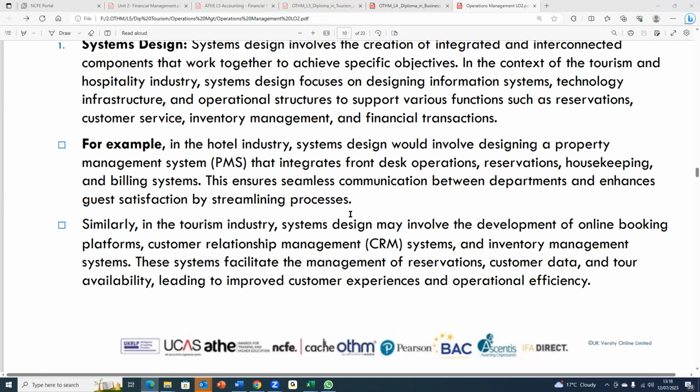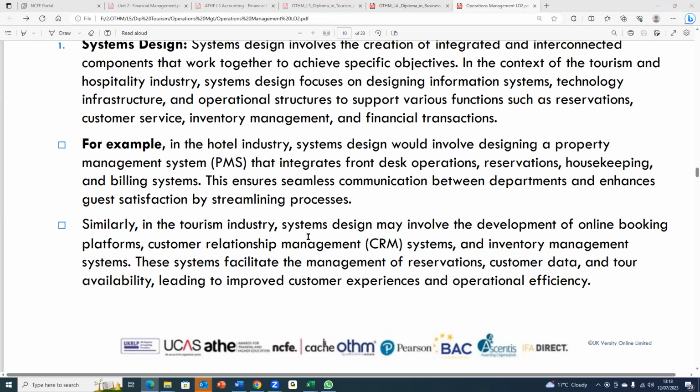So the systems designs are particularly important. So for example, you have designing a property management system. This is one of the systems that you can have for integrating front desk operations, reservations, housekeeping, billing. We talked about this, to make sure that all the communication between departments is done smoothly and in a particular fashion. Everything's streamlined, everything's run smoothly, right?